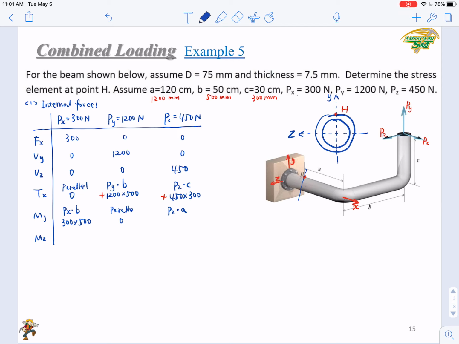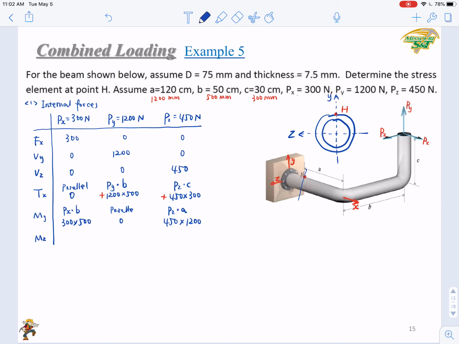Try to understand why I'm using A, B, C as arms for different forces, and why we select different ABCs for different forces to determine the internal forces, the torque, and the bending moment. So here is Pz times A. This will be 450 times 1200.